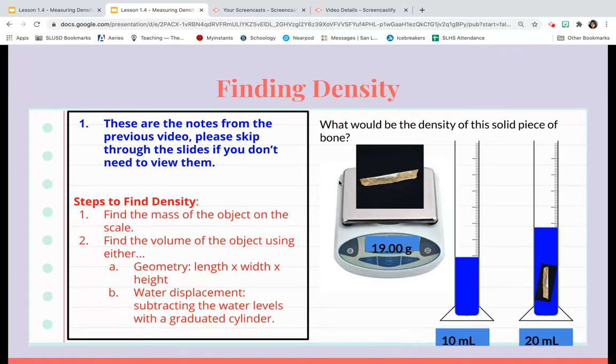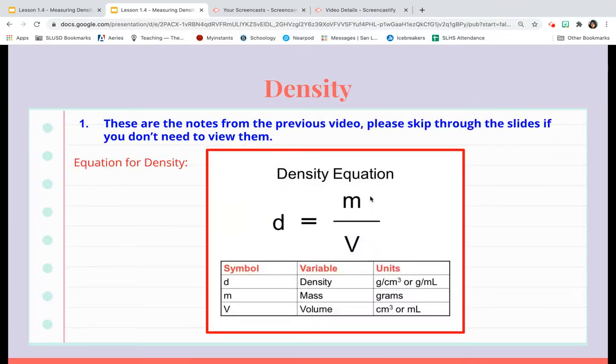So here's how you calculate density. First, if we know that density is just mass divided by volume, then when you're doing a lab, you just need to collect these two things, right?